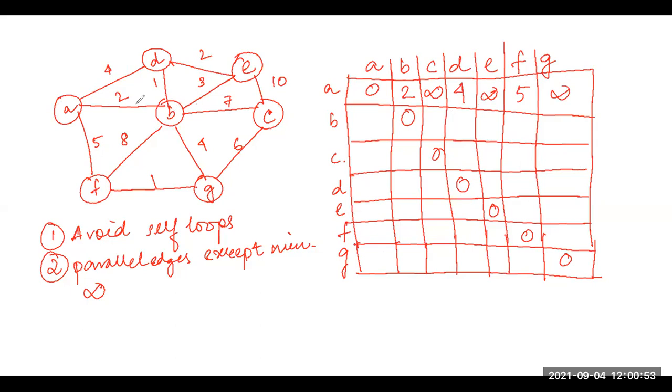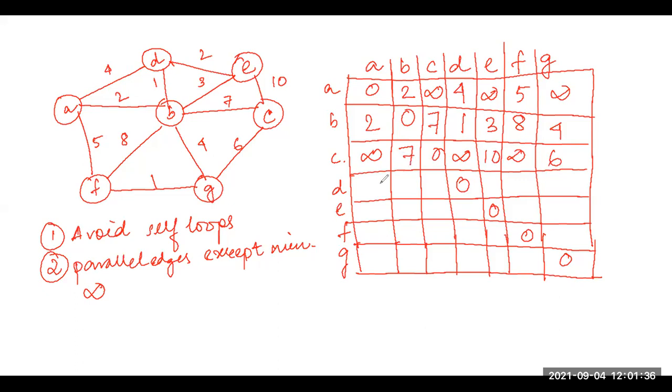So similarly, between B to A, there is a connection. Between B to F, there is a connection. Between B to E, there is a connection. Between B to C, there is a connection. Between B to D, there is a connection. Between B to G, there is a connection. Fine. So if connections are there, we will put the value. If not, we will put a 0. Clear? So between C to A, there is no connection. Between C to D, there is no connection. Then the connection is between B, then E, and then G. F also is not connected to C, right?